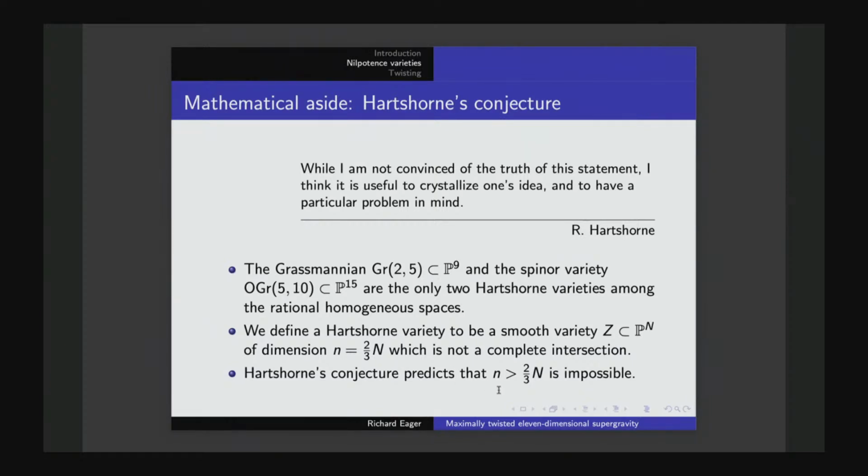It says that n is greater than 2/3, but it's impossible to have a non-complete intersection of higher codimension. Okay, thanks.